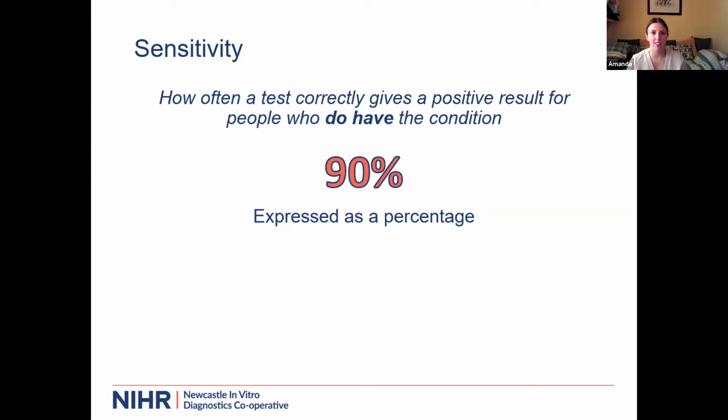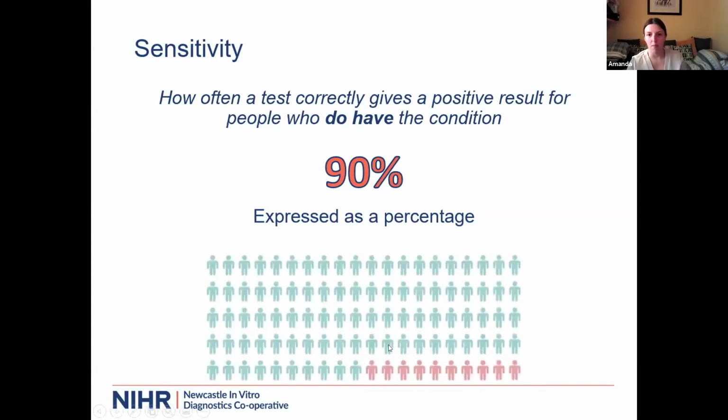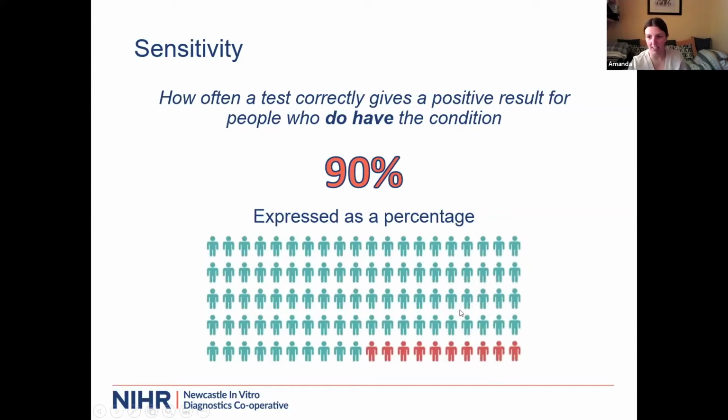So when we say a test has a 90% sensitivity, this is what we mean. We have our 100 people here, they're back again, and 90 of those will be true positives. We will have correctly identified that. And then 10 of those will be false negatives. So we have 90 and 10, which is the 100. So that's how we describe those.